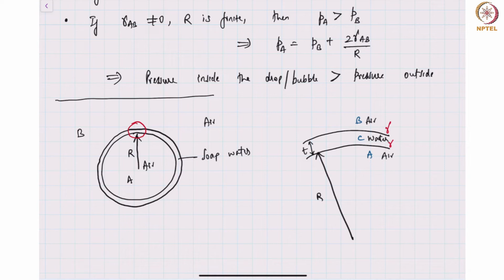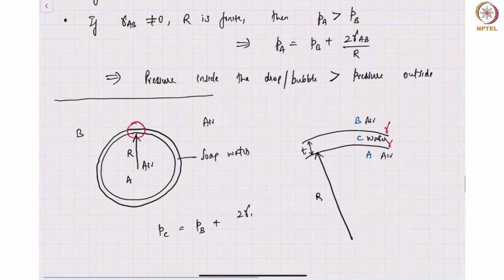Okay, let's first look at the region C. Now using this expression, PC is equal to PB plus 2 gamma BC divided by the radius.